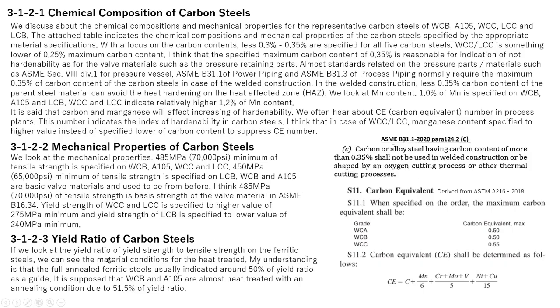My understanding is that fully annealed ferritic steels usually indicate around 50% yield ratio as a guide. It is supposed that WCB and A105 are almost in an annealed condition due to the 51.5% yield ratio.